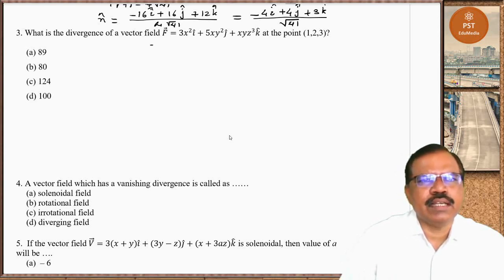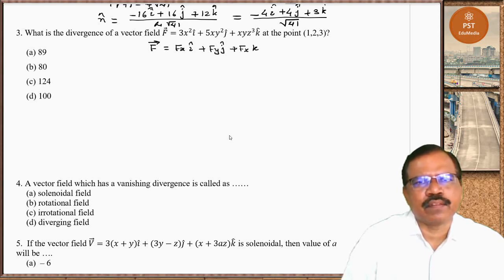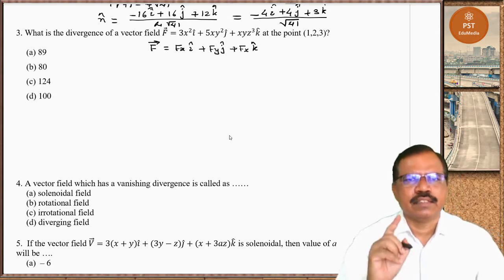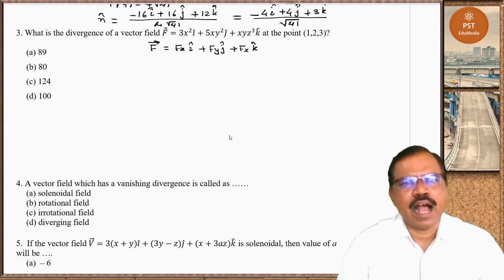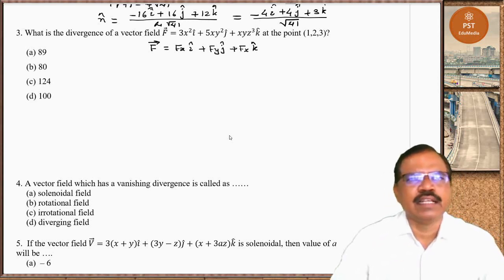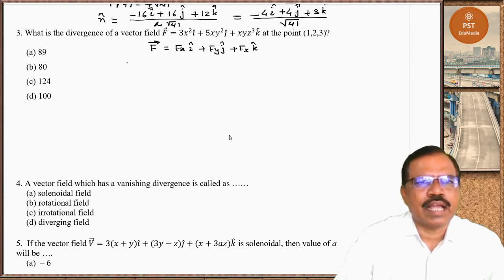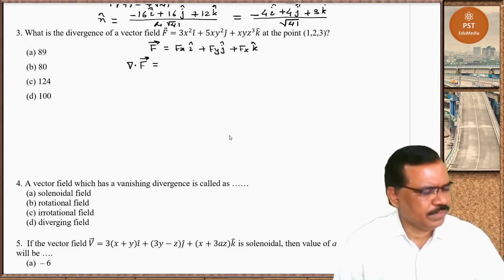So suppose F is a vector, and that is fx i plus fy j plus fz k. So fx, fy, fz are components of F along the x, y and z axis respectively. So divergence we take del dot F. So what is del dot F?